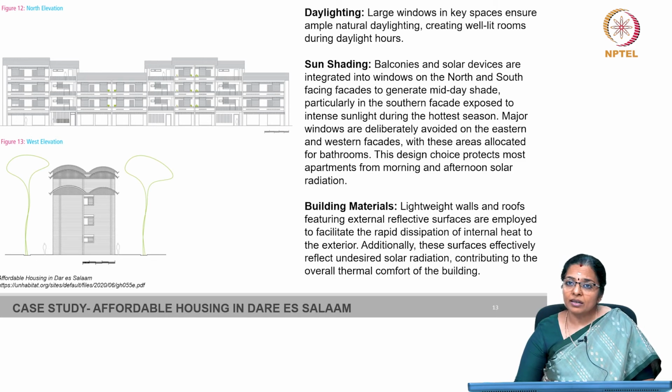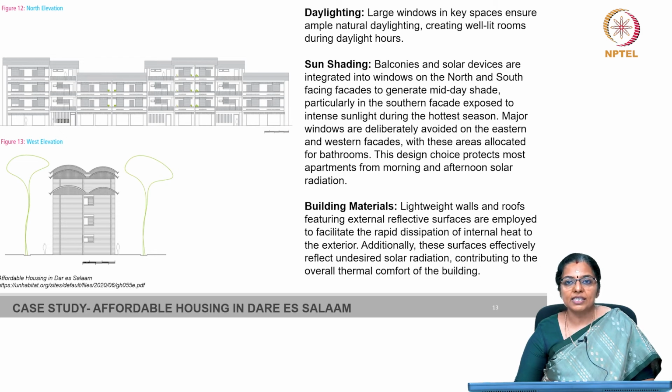The building materials contribute to thermal comfort because they have used lightweight walls and roofs with external reflective surfaces, which is the exact opposite of the strategy used in Jaisalmer, which is a hot dry climate. These surfaces also effectively reflect undesired solar radiation, enhancing the overall thermal performance of the building.